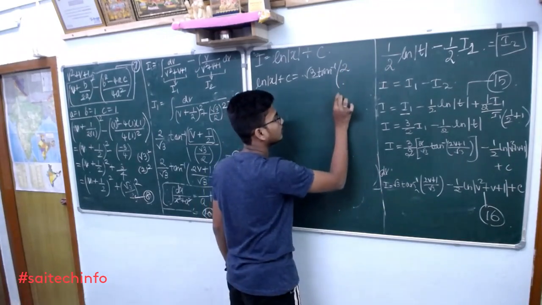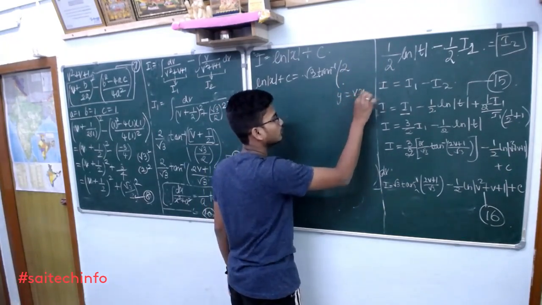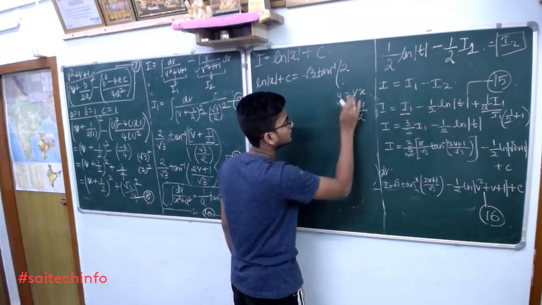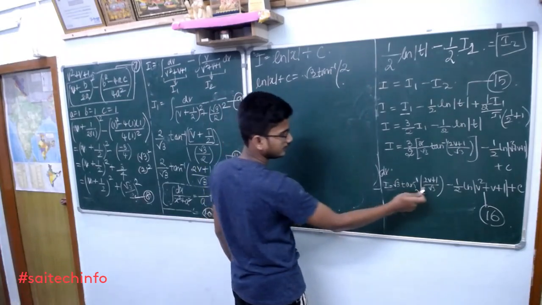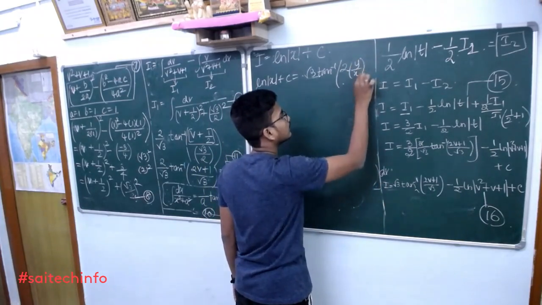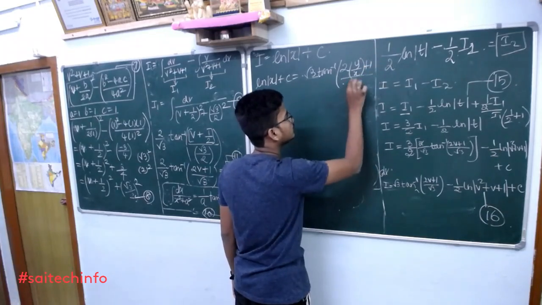We substituted y is equal to vx, right? So we need to substitute v is equal to y by x, that is 2 into y by x plus 1 divided by root 3.